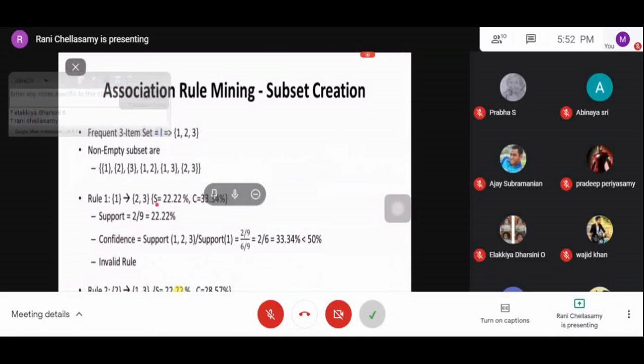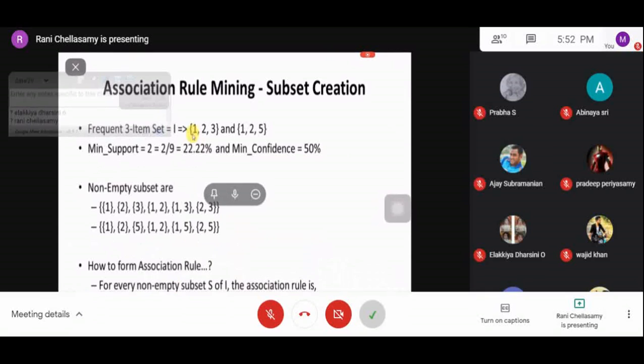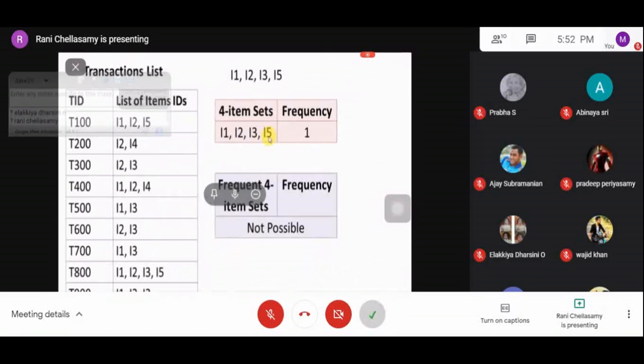Now you have to find the support and the confidence. How to calculate the support? The number of occurrences of 1, 2, 3: it is occurring 2 times. See here, the frequency count of 1, 2, 3 is 2.